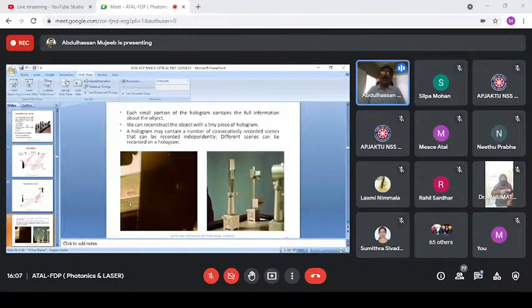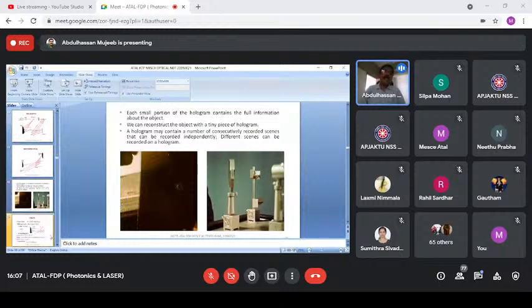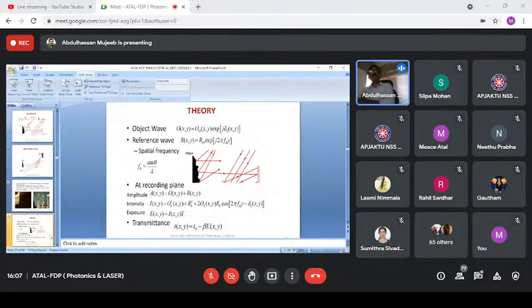So, what we are getting is that we can reconstruct the object with a tiny piece of a hologram. A hologram may contain a number of consecutive recorded scenes that can be recorded independently. There are many theories, and I'm not discussing the theory in detail. Remember, light can be represented as equations.